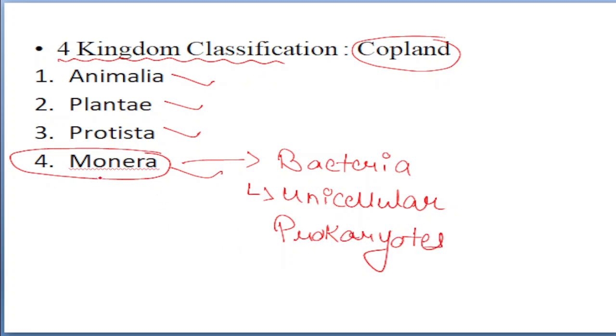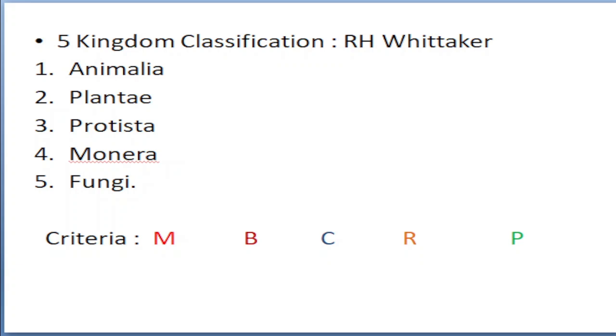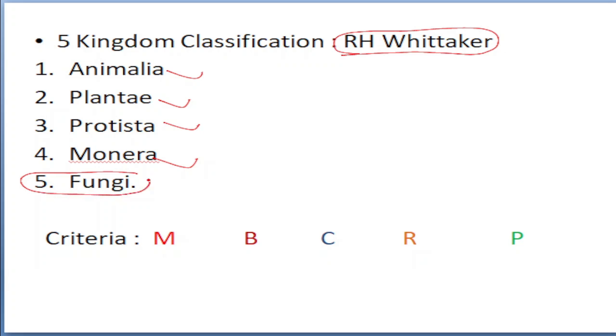Now further comes the five kingdom classification, and this five kingdom classification was given by the scientist R.H. Whittaker. Now what did he do? Animalia, Plantae, Protista, Monera, and he added the fifth kingdom. This fifth kingdom is kingdom Fungi.